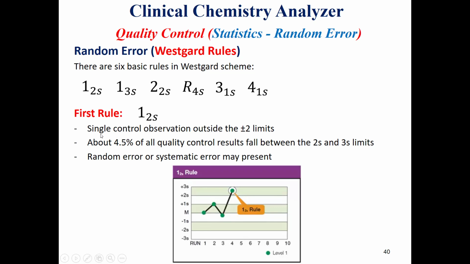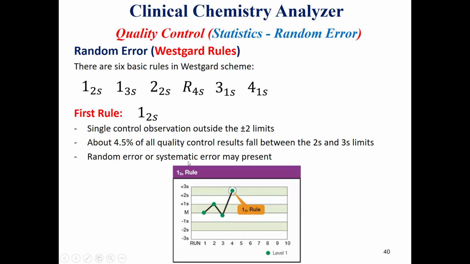For the first rule, which is 1 2s, a single control observation is outside the plus or minus 2 SD limits. Only about 4.5% of the quality control results fall between the two and three standard deviation limits, which will be this green area and this white zone.